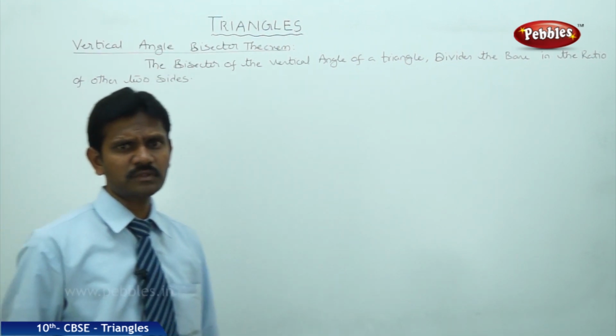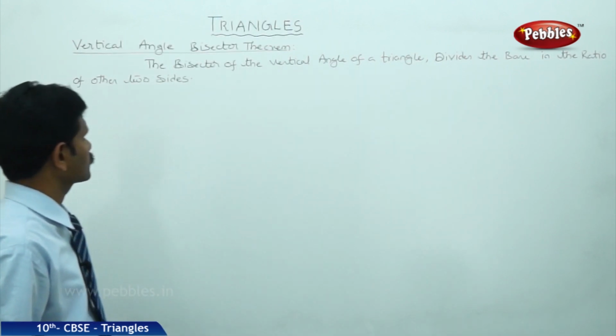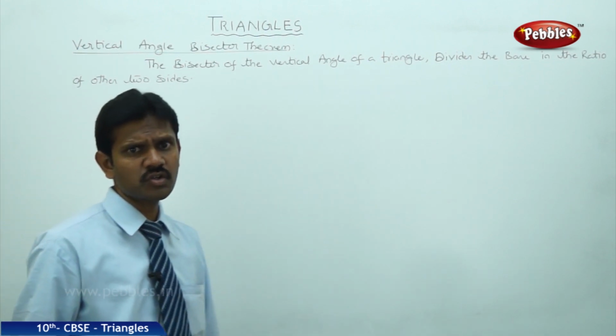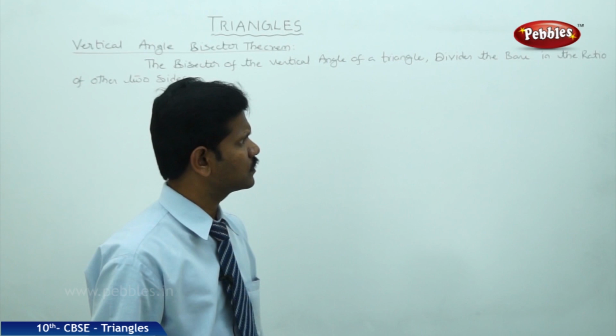This is the statement of the theorem. The bisector of the vertical angle of a triangle divides the base in the ratio of the other two sides.